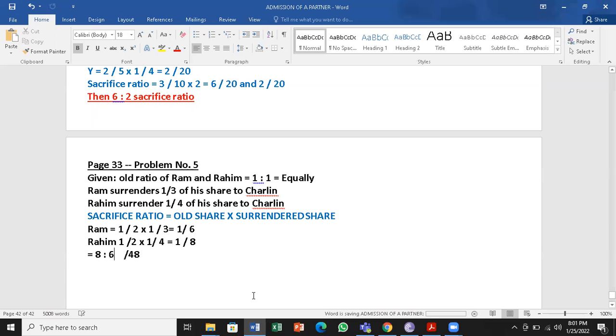So in a way it is 8 is to 6. You can simplify; the common number is 2.